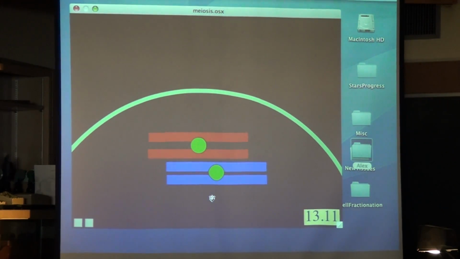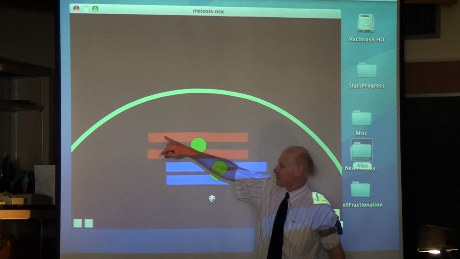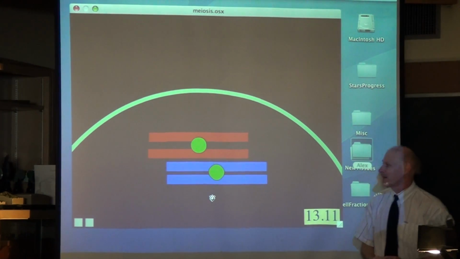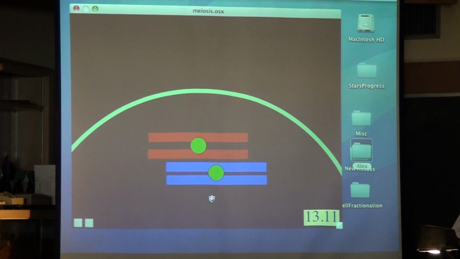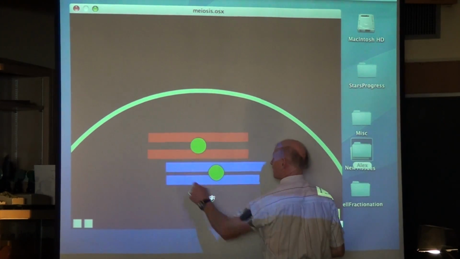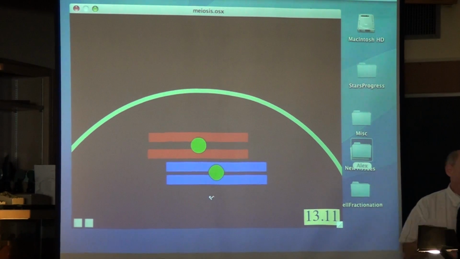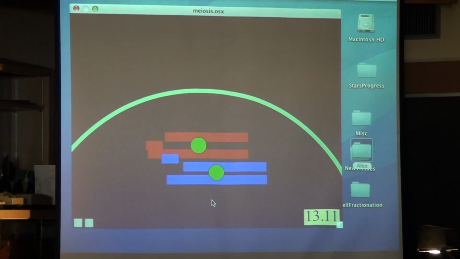And then through a random process, parts of each homologous chromosome can potentially break off and exchange with the other homologous chromosome. And again, it's a coin flip. Will this piece right here exchange with this piece? Well, it might or might not. In this case, it will. So those two parts of the chromosomes do crossing over, or synapsis as it's sometimes called.